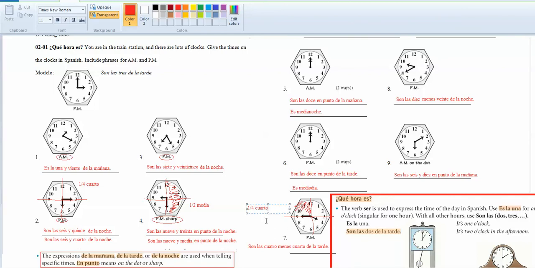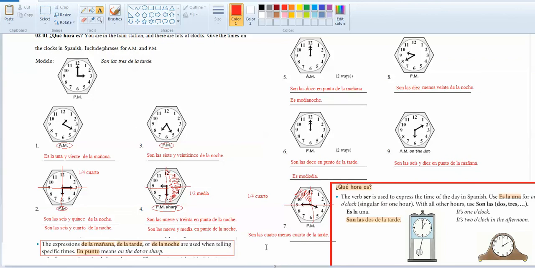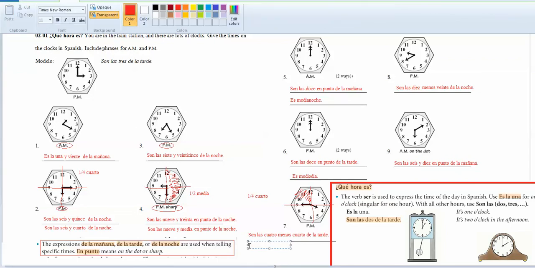So you could say "son las 4 menos cuarto de la tarde." Or if you wanted to say the minutes, you could have said "son las 4 menos 15 de la tarde." So the reason why I was able to do cuarto is because it's a quarter till. It's going to take me a quarter to get to the top of the hour.